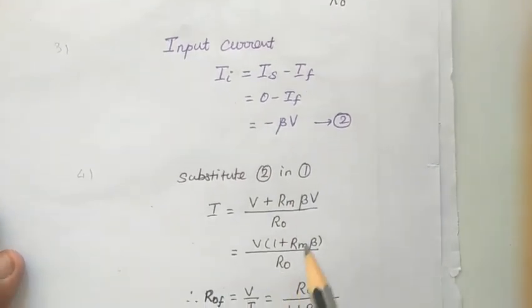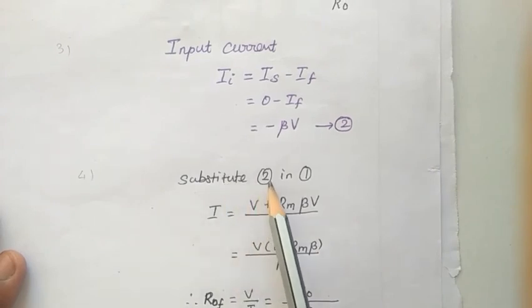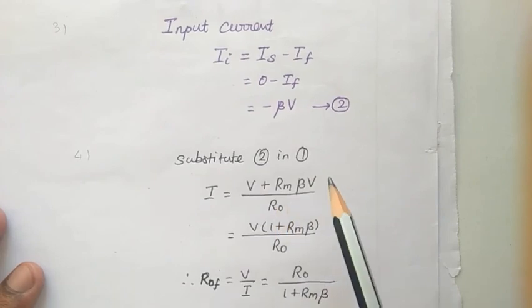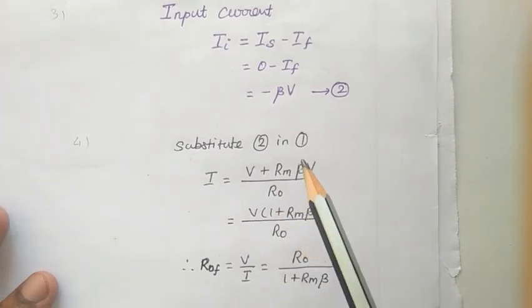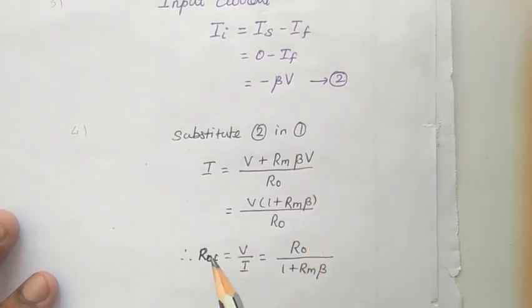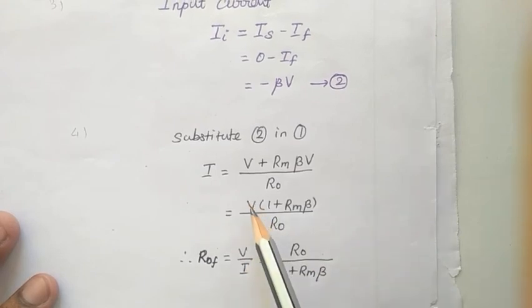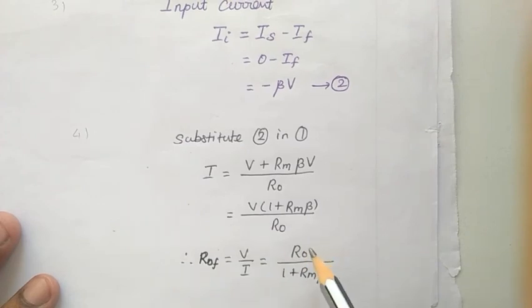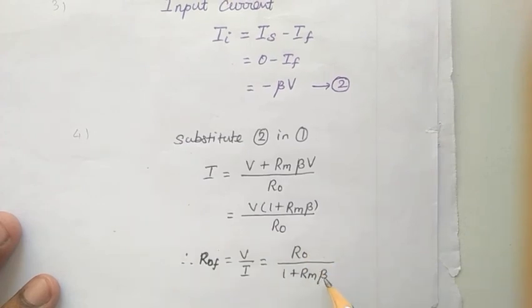The final step is substituting equation 2 in 1. After substituting, I get these expressions, which are solved, and finally I get ROF is equal to V by I, which is R naught by 1 plus Rm beta.